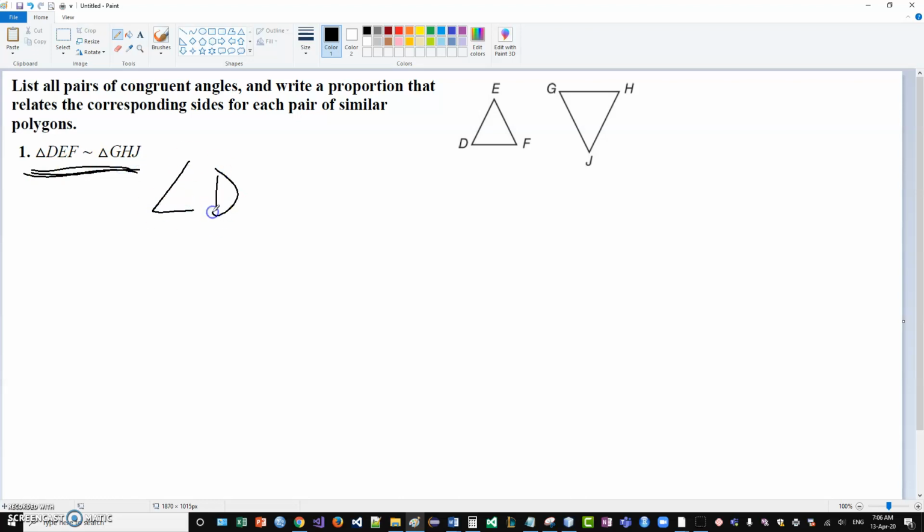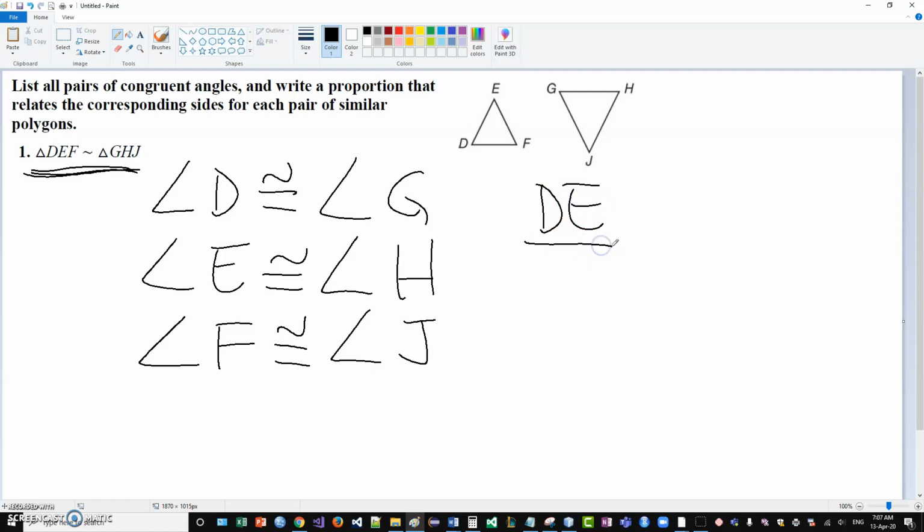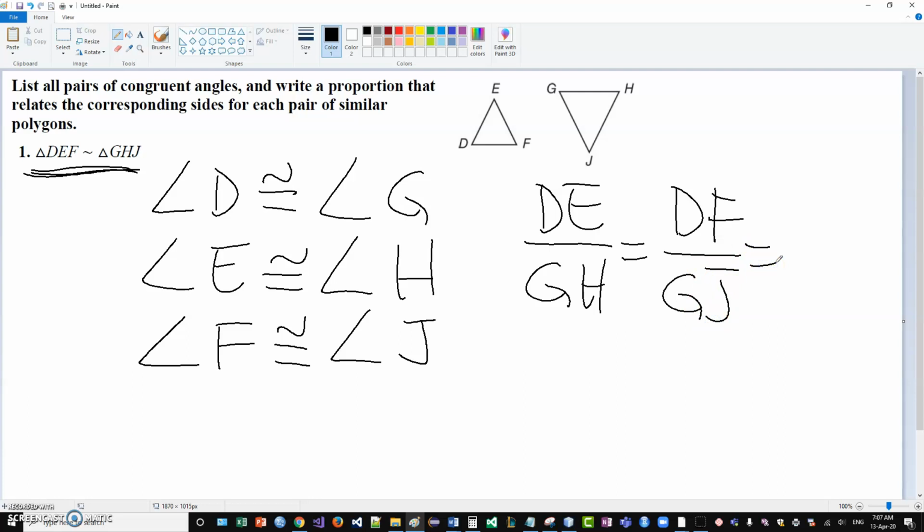So angle D is congruent to angle G, angle E is congruent to angle H, and angle F is congruent to angle J. Now for the sides, DE over GH is proportional to DF over GJ, and that's equal to EF over HJ.